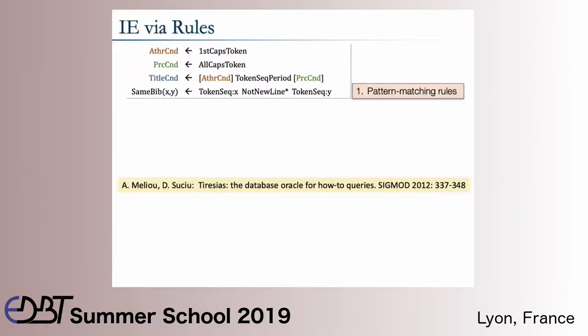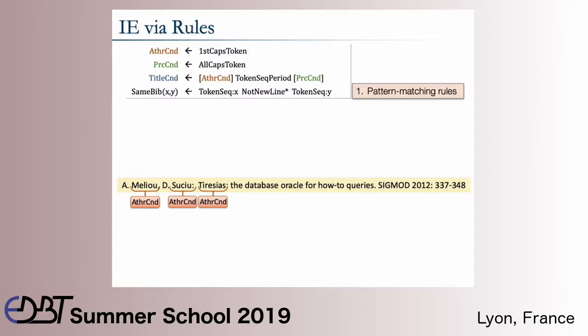So here we have some text, which is a citation of a paper, and these rules are trying to extract, say, the authors and the title and the proceedings from this text. Okay, so the first rule says, well, if a word starts with a capital letter, then it is a candidate of an author. This is simplistic, but just to get the message through.